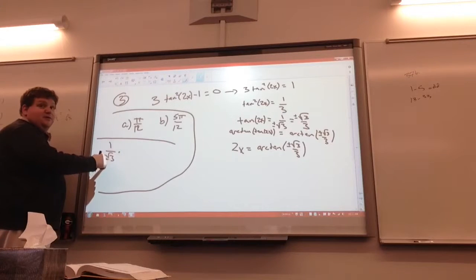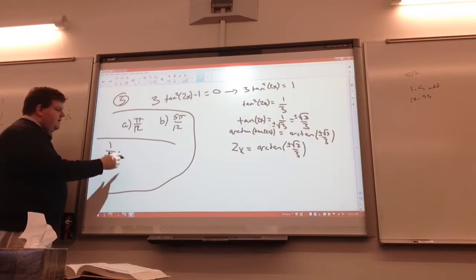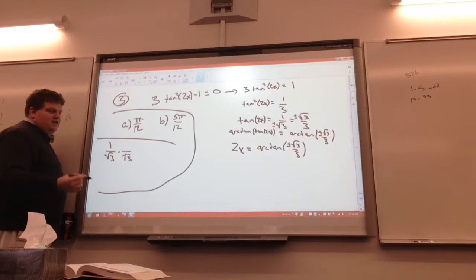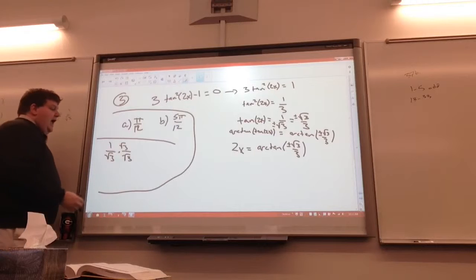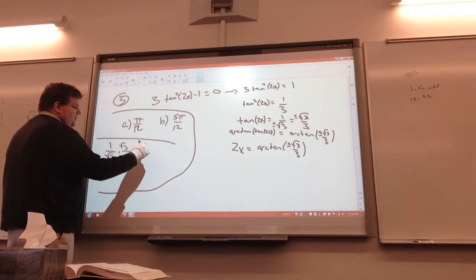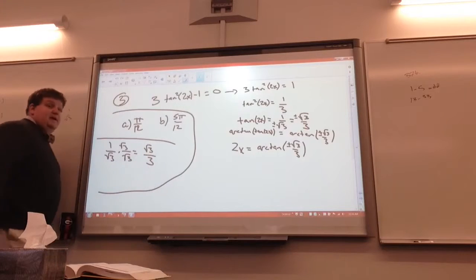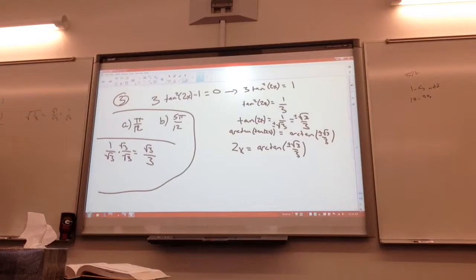How do I square a square root of 3? I multiply it by square root of 3. So I multiply the bottom by the square root of 3, but to not change the value, I also multiply the top by the square root of 3. 1 times root 3 is root 3, and root 3 times root 3 is 3. So that's how I ended up that way.